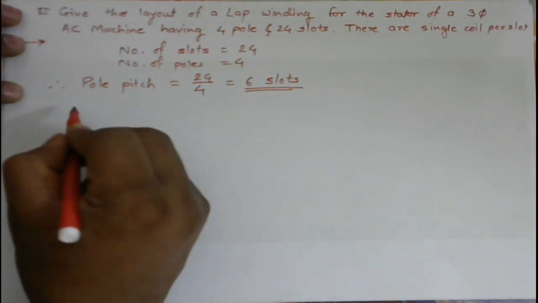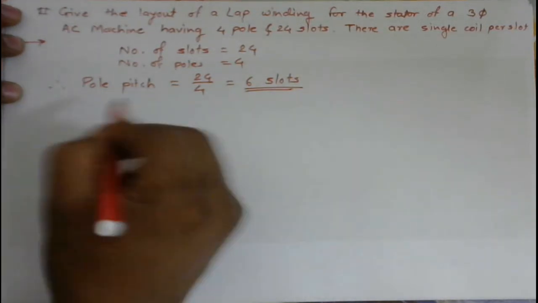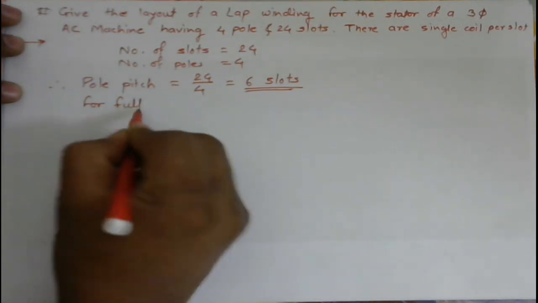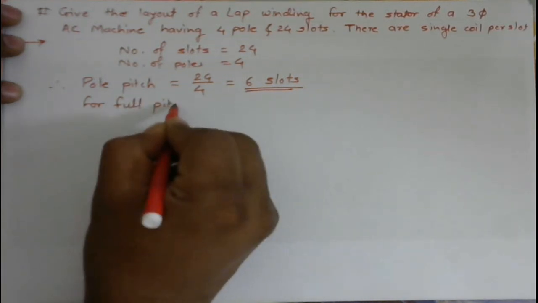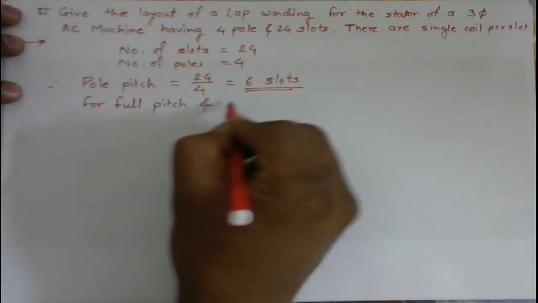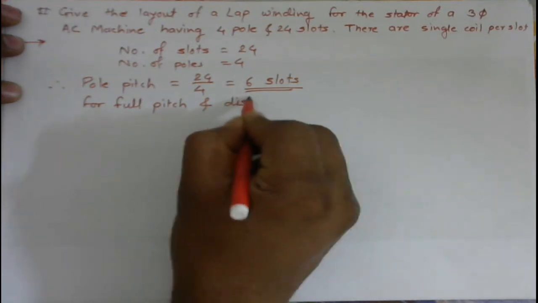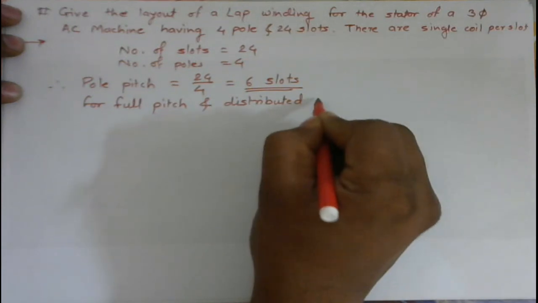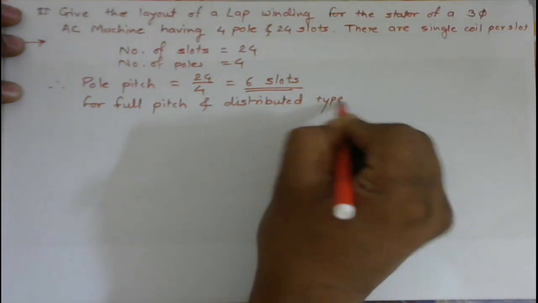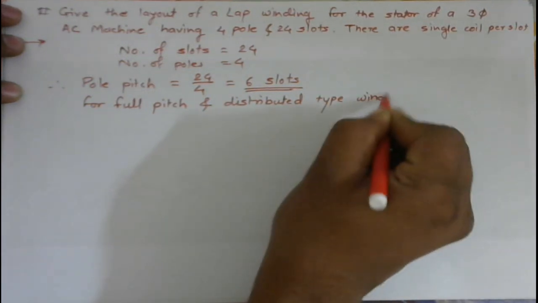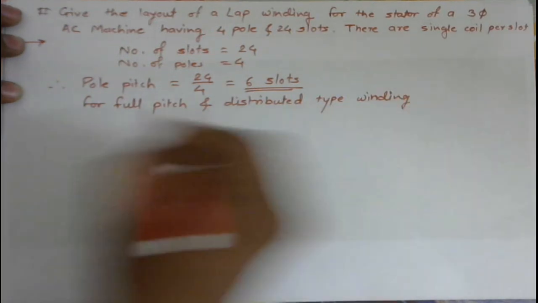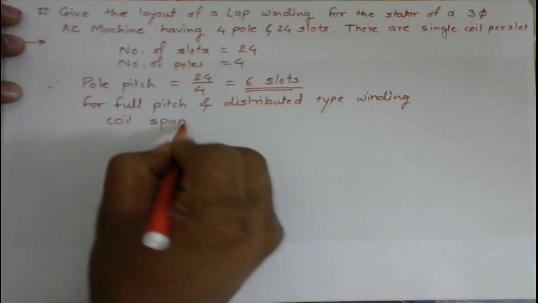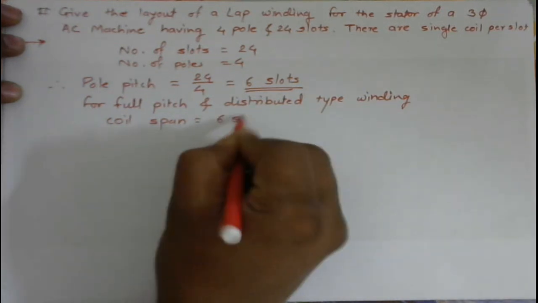We will consider the full pitch winding. Therefore the coil for full pitch and distributed type of winding, coil span is equal to 6 slot.